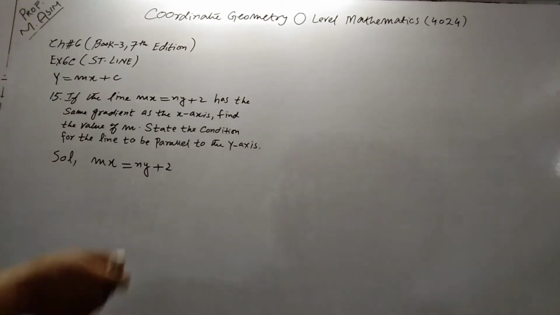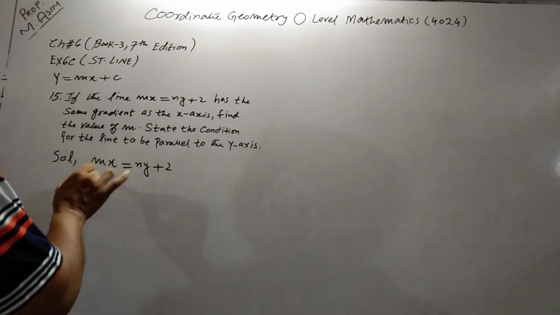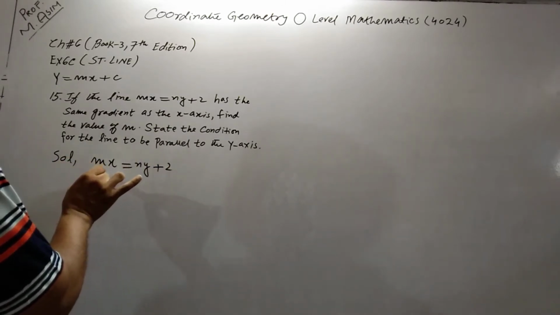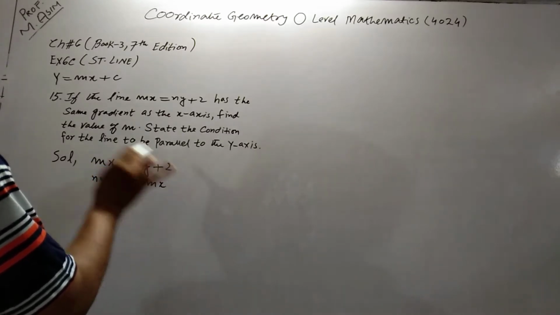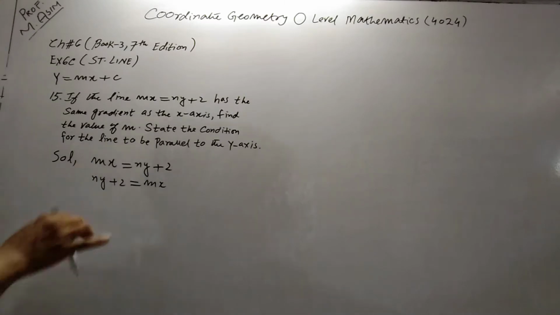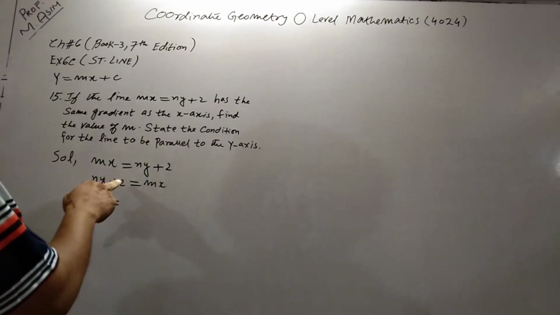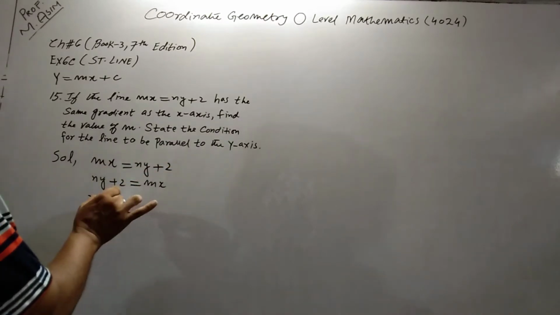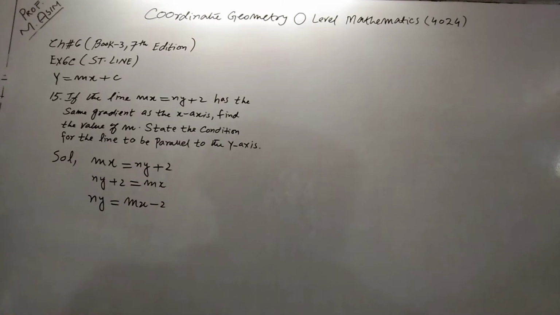Separate y. First, this is mx = ny + 2. We can write this as ny + 2 = mx, both are the same. Then second, ny = mx, shift this 2 to the other side, it will become minus 2.